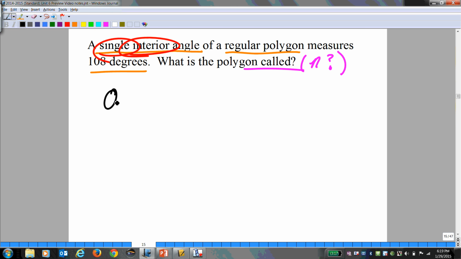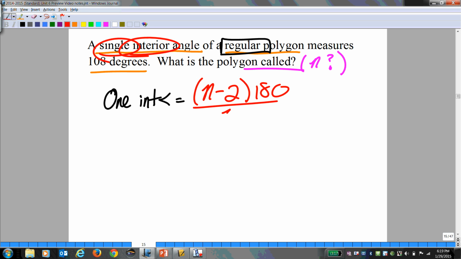So we're going to write out the equation. One interior angle, and it's regular, so they're all the same, is sum over sides: interior sum over the number of sides. Notice I have two sides to this equation. Two sides and an equal sign.